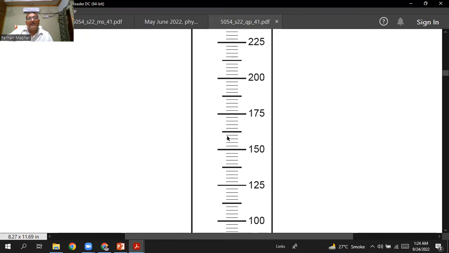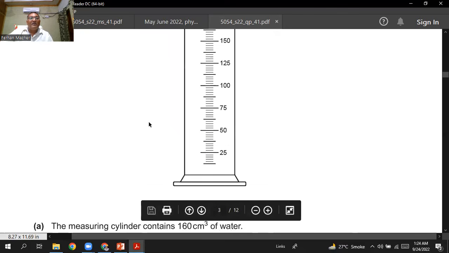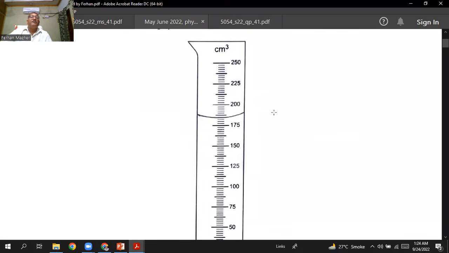So 160 is here. The meniscus of the water is like this. It's curved, and this portion will be lower. The portion on the sides will be higher. The lower portion should be on the 160. So let me show you. I have done this. So this is how you will show your meniscus.